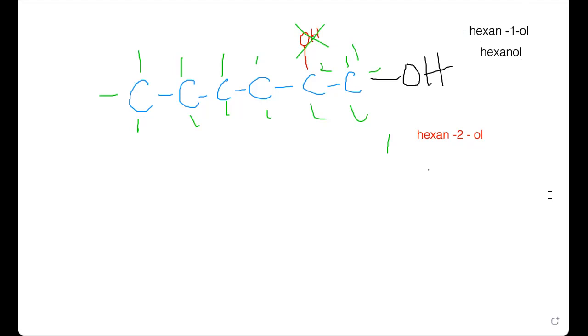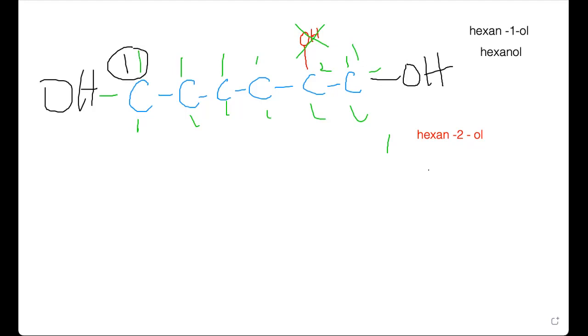If you say, no, Miss, we have OH here at the left side, how would you know? OH could be here. So definitely I'll give this carbon as 1. I'll say this carbon is the first carbon. It is still hexanol. So in this situation, on the screen, you can say hexanol, or hexane 1-ol is also acceptable.